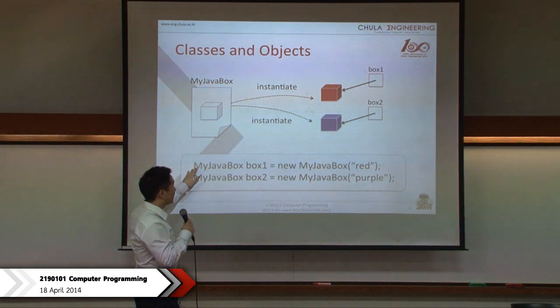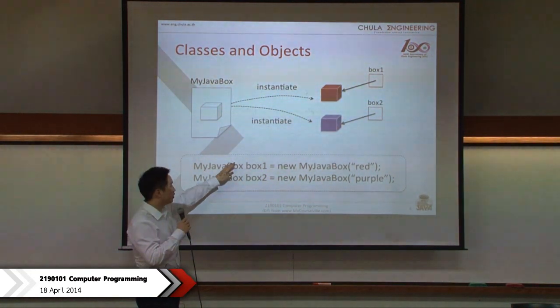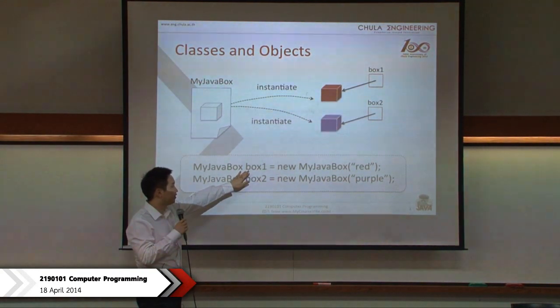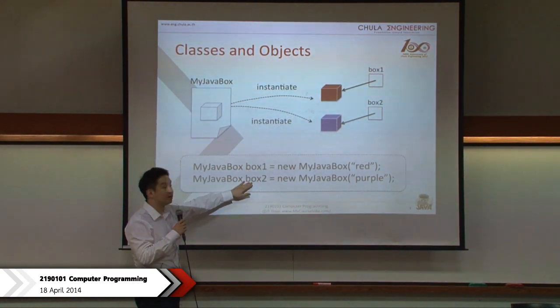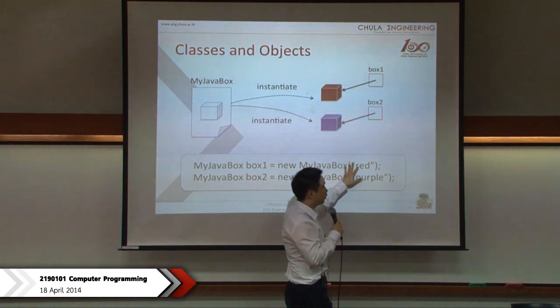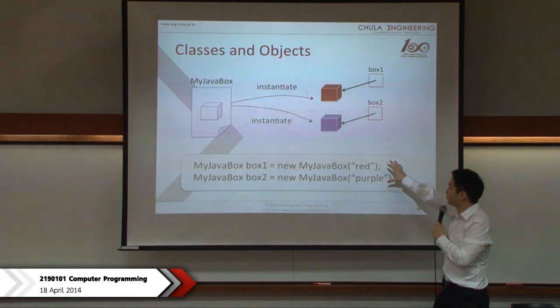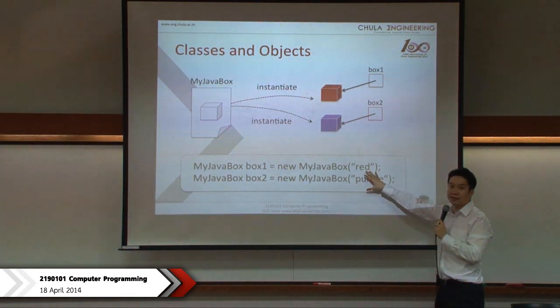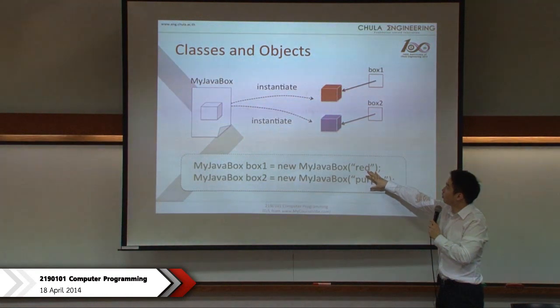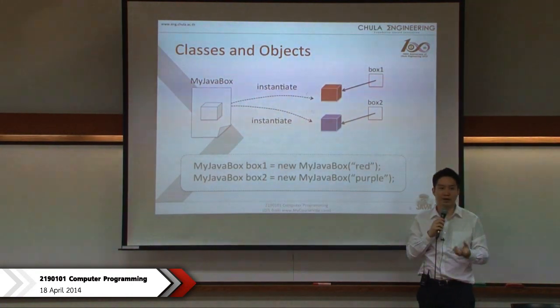So in this example, we're simply creating two instances of MyJavaBox. One has the identifier name box1, and the other one is box2. Okay? And how are they different? Not only are they two separate objects, but they also have different attributes. One with the attribute of red, the other one having the attribute of purple.